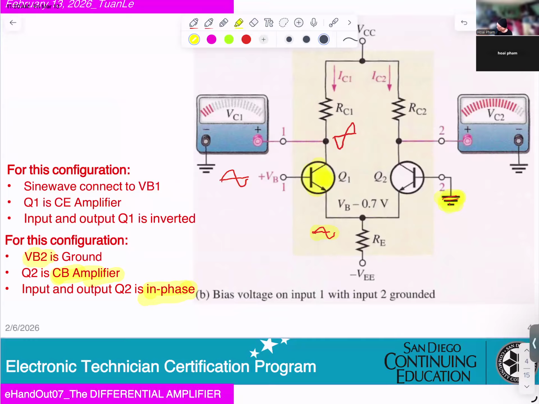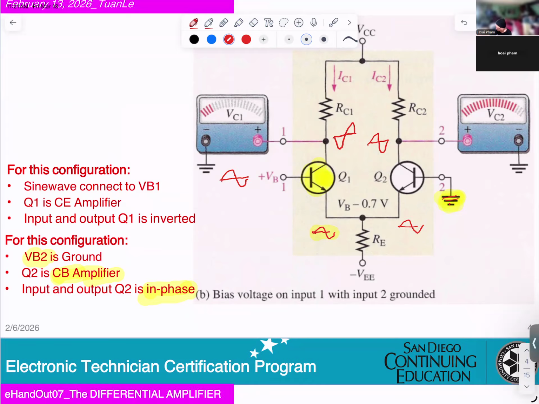Okay, so you can see if you get the input sine wave here, and this also a sine wave, and the output on this one will be a sine wave. The thing is, Q2 will be a common base amplifier.